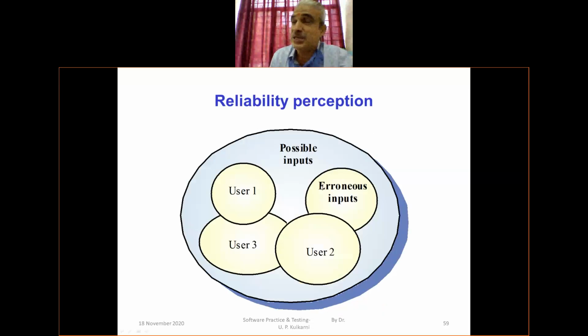So for the possible inputs, that's what I spoke about in equivalence partitioning: one partition P1 and partition P2, and two representatives are necessary. And remember, software testing takes a negative attitude, though it is not said so. Showing a fault is very easy.